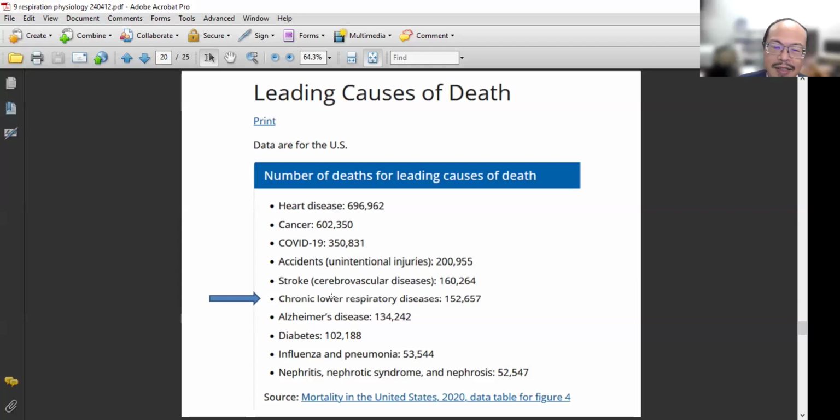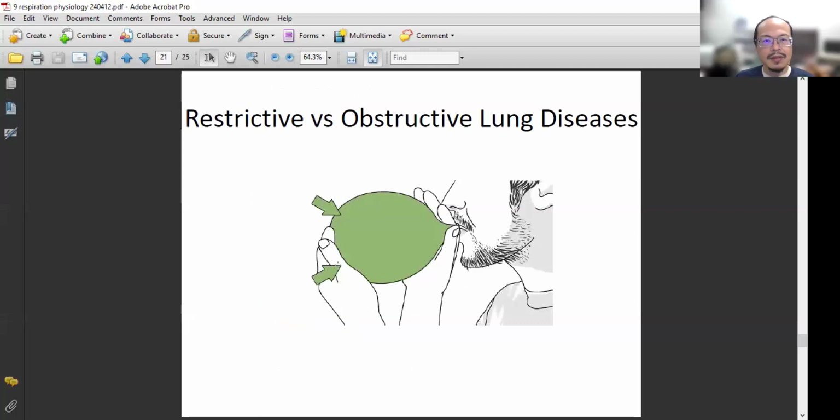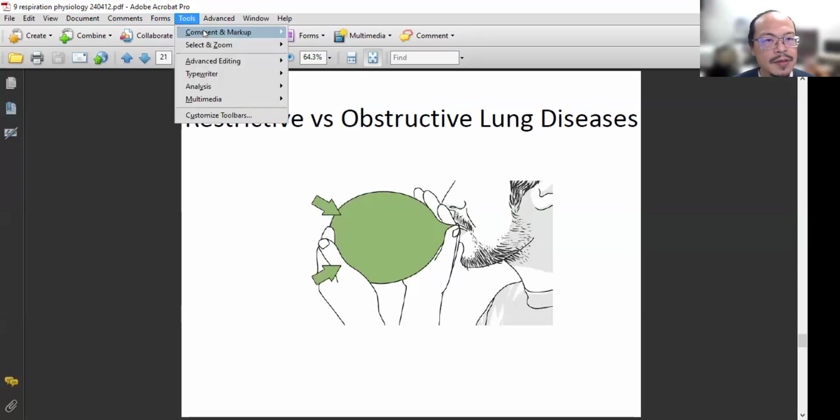So the thing is that lung disease has two types. Here, we have restrictive lung disease and obstructive lung disease. The major one is the obstructive. For example, the common one is called COPD. Let me write it here. I think we probably will talk about this one in the lab.